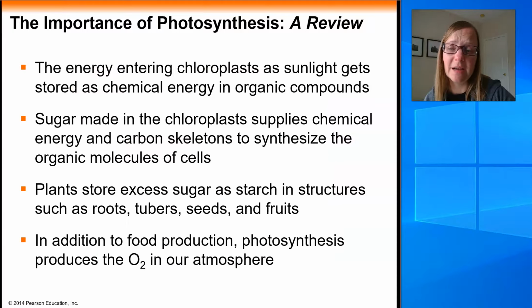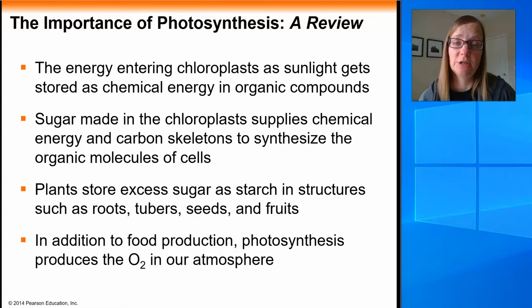All right, so the last slide is a little bit of a review for photosynthesis. We talked about photosynthesis as this process where sunlight gets converted into chemical energy and is stored in these organic compounds. The initial sugar that's made, that G3P, can then be used for a variety of different processes in the cell.